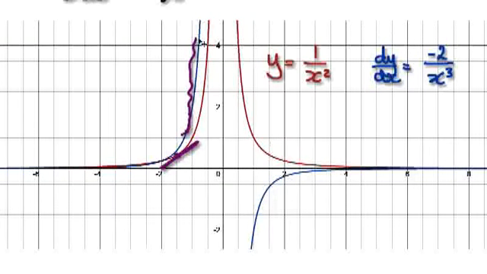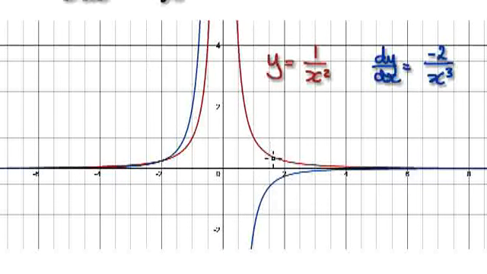Here the gradient is negative. Every time you look at the blue line, you've got to think in terms of the gradient. The blue line represents the gradient, and you can see it is a negative gradient.